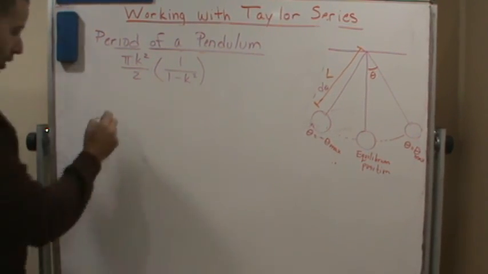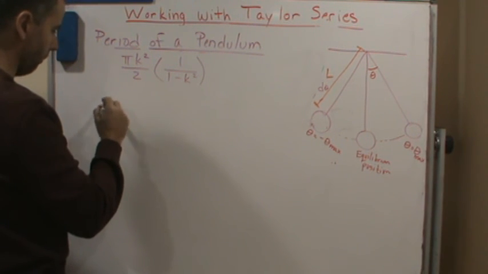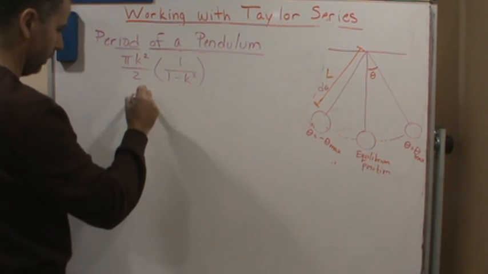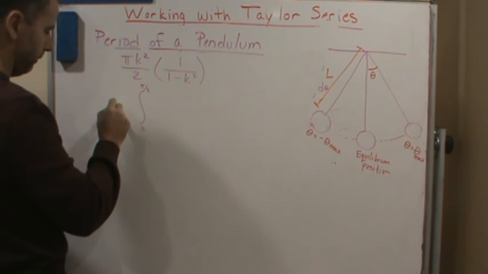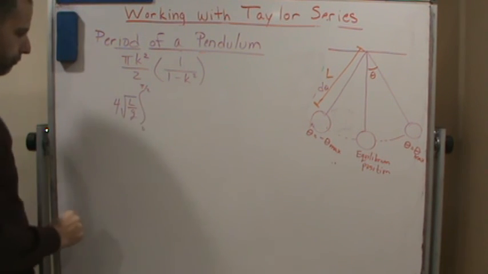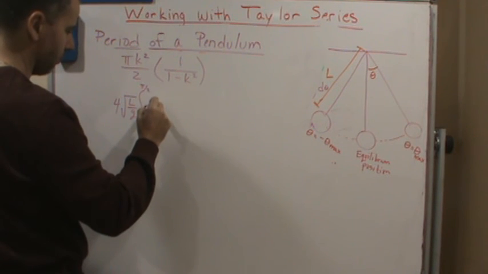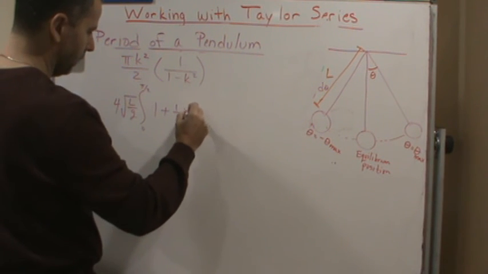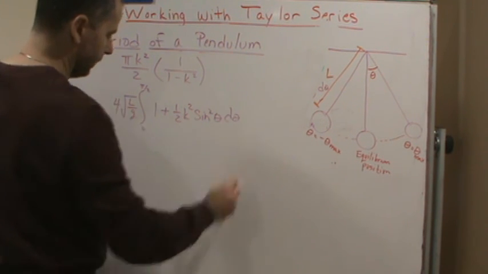So if we use the first two terms, we get the integral from 0 to pi over 2 of 4 times the square root of L over G times 1 plus 1/2 k squared sine squared theta d theta.